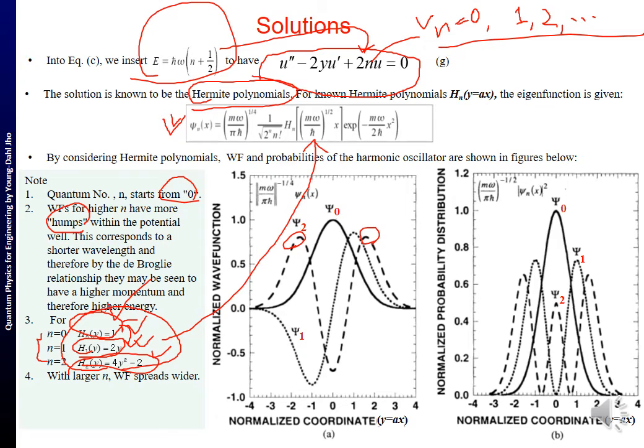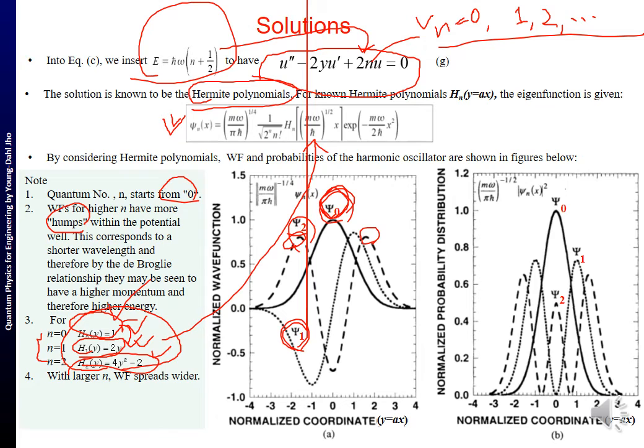If we draw this wave function shape, we have this for the n equal 0 state, n equal 1 state, n equal 2 state. Please note that psi 0 is an even parity function, psi 1 an odd parity function, psi 2 an even parity function.